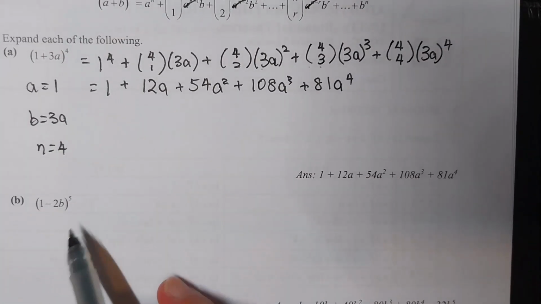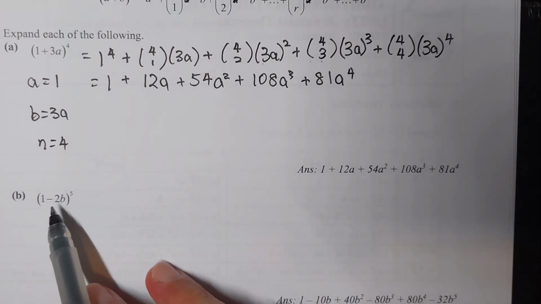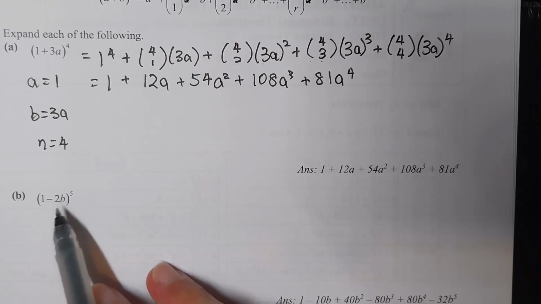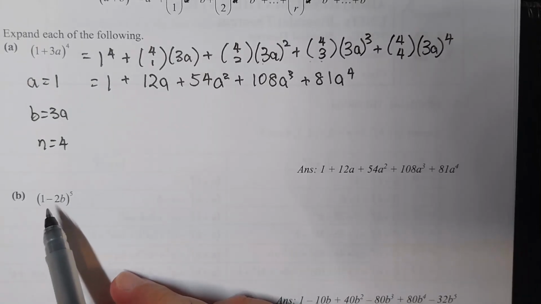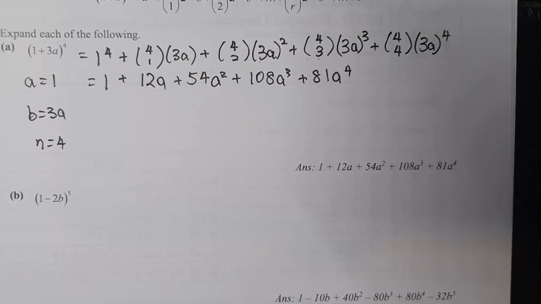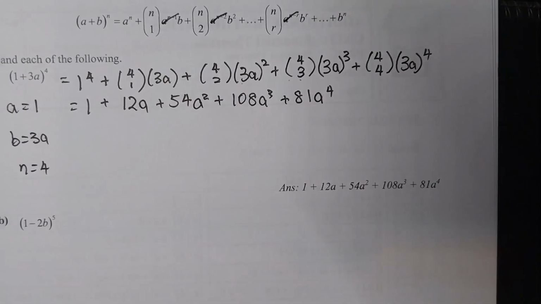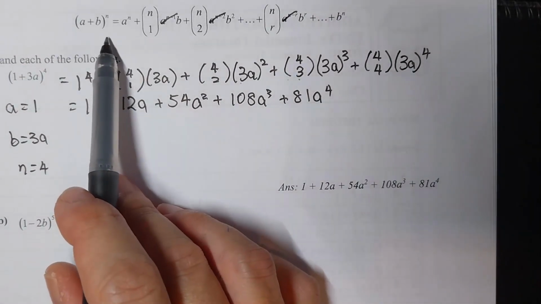Now, let's try this. What happens if the coefficient of the b term here is negative? So how do we address this negative sign or this minus sign here? So once again, we will apply the formula.